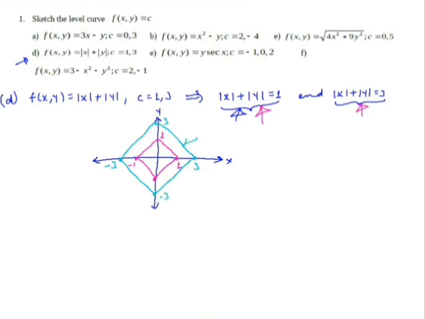The outer part is the graph of absolute value of x plus absolute value of y is equal to 3. So generally, absolute value of x plus absolute value of y is equal to some constant C, which is a family of parallelograms having this shape.